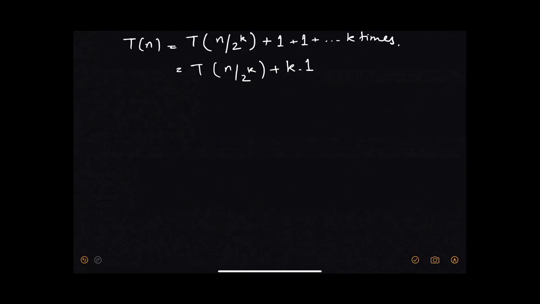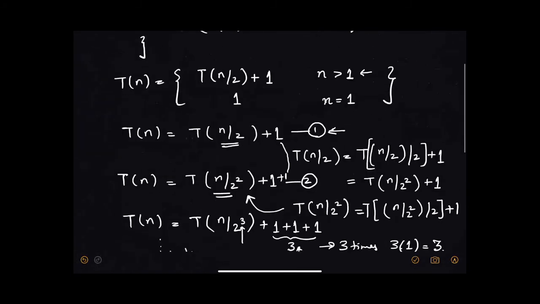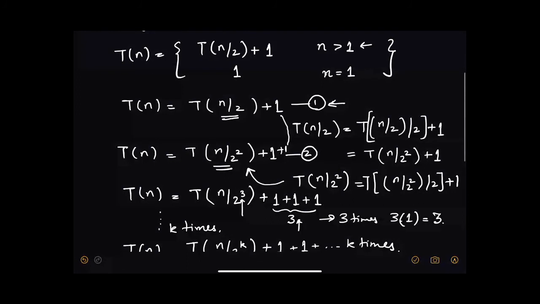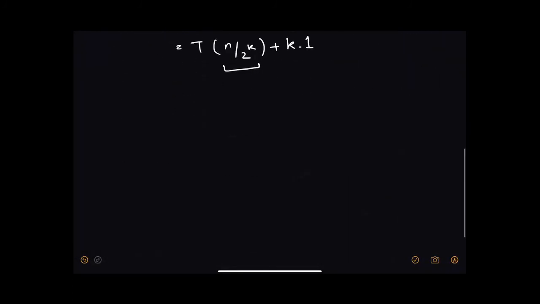Now I have to make this a stopping condition. Just check it out. I have taken n equals 1 over here. So my problem becomes n/2^k = 1.